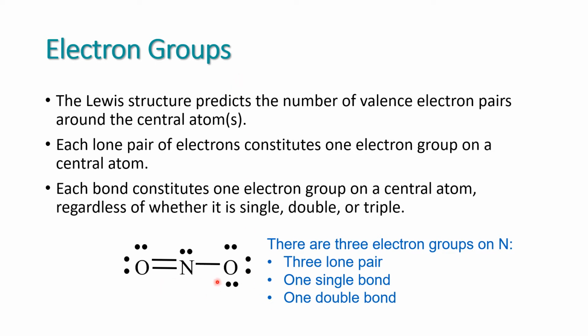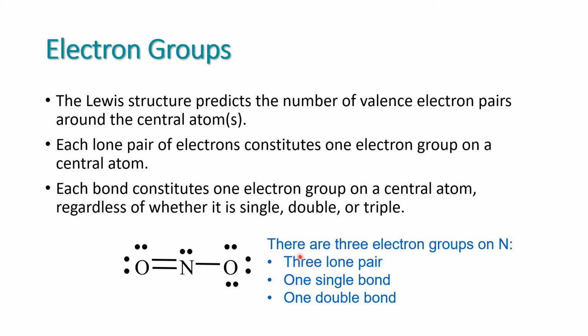Here we have NO2. NO2 in this case has a double bond to this oxygen, a single bond to this oxygen, and then we have a lone pair. We're going to count each thing around this nitrogen. So 1, that lone pair, 2, that double bond, and then 3, that single bond. We have a total of 3 electron groups. So you just count however many things you have around that central atom.